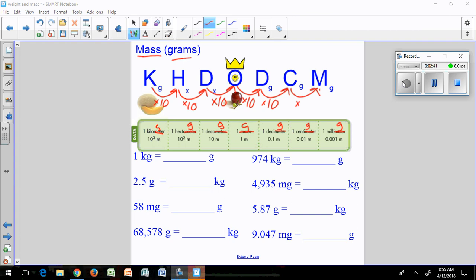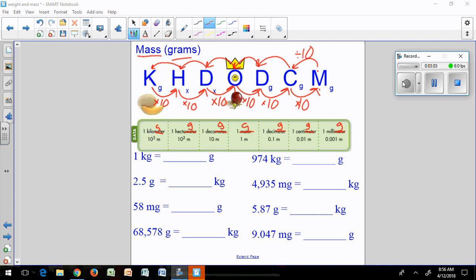If you're going to the right, if you're going from bigger to smaller, you are multiplying by 10 for every jump you make. And it's the opposite going the other way. We're going to the left, we're going from small like a milligram to big like a kilogram.